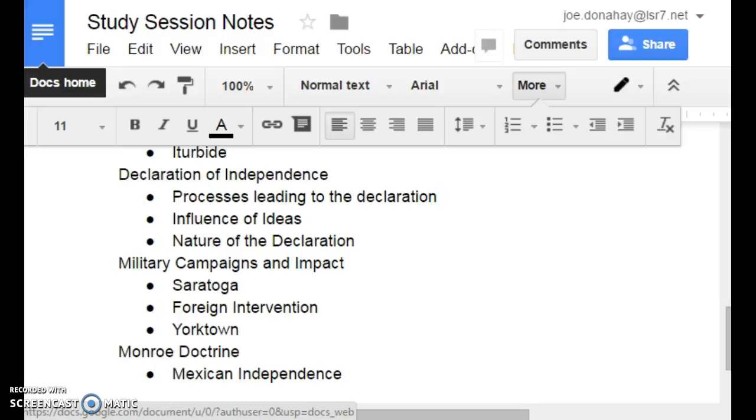It was not warlike, it was not a break with Britain, and ultimately it was rejected.